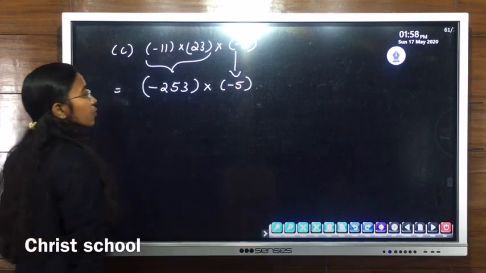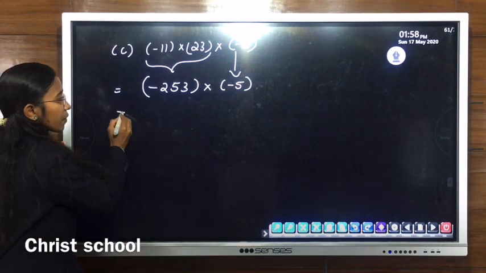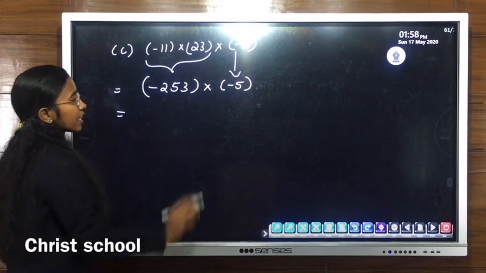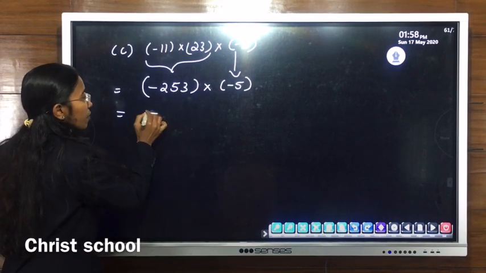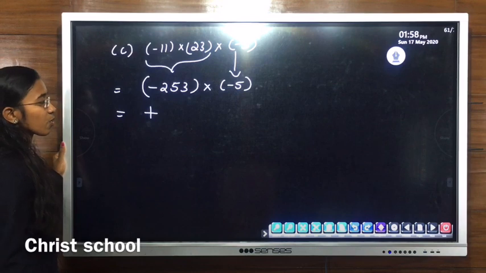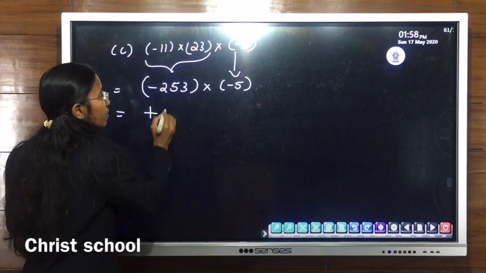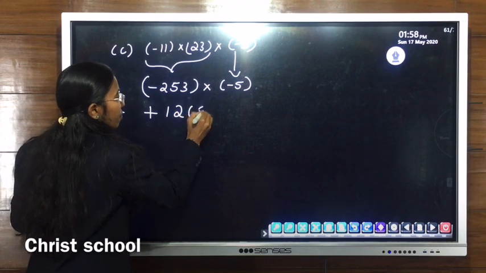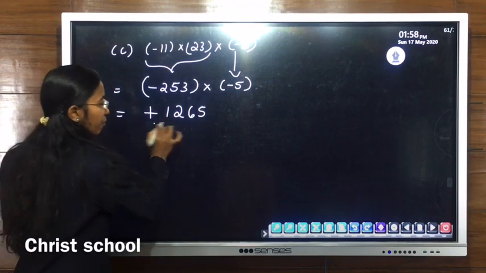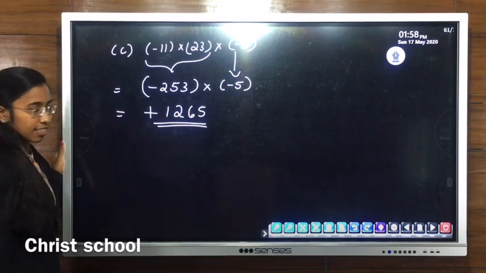That is minus 253 into minus 5. Here both the numbers are negative. That is like integers. So when we are multiplying like integers, our sign is always positive, and multiply 253 and 5. So the answer is 1265. So this is the answer.